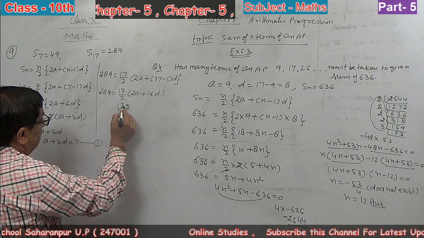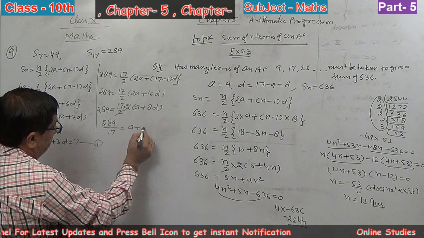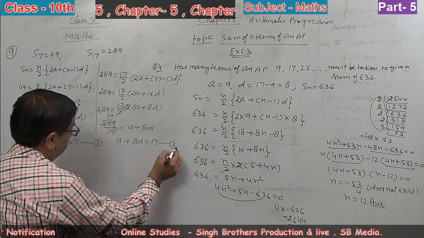Now solve equations 1 and 2 by elimination method. a plus 3d is equal to 7, a plus 8d is equal to 17. Subtract, change the sign, this cancels. Minus 5d is equal to minus 10 and d is equal to 10 upon 5, that is 2.